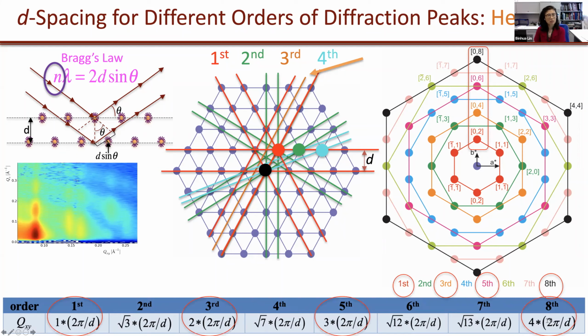Then the third order is twice of this, n equals 2, and then the fifth and the eighth. They're all here. The same color indicates the order of the peaks. You get a solution like that, so it marks all the orders for assignment number 1.